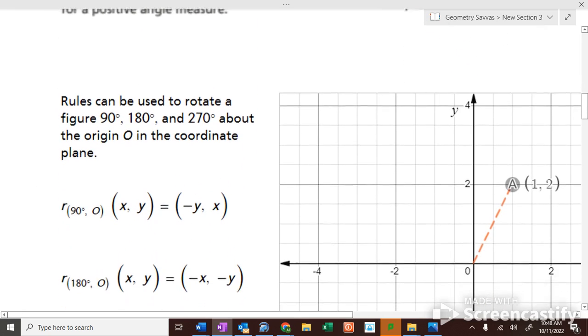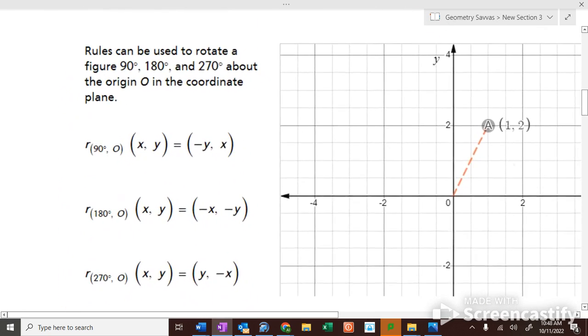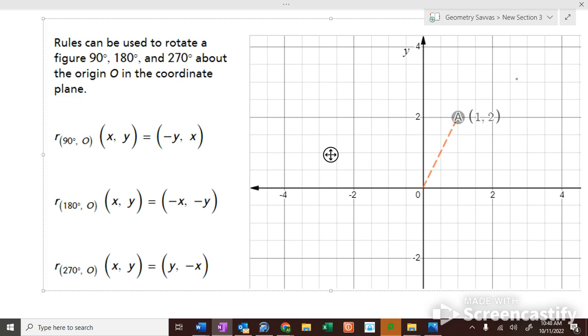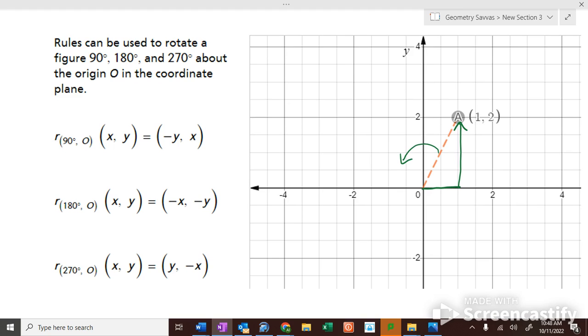So let's just look at moving a point. Okay, so we have the point 1, 2. From the origin, we go over 1, up 2, because each of these squares is a half. If we rotate it 90 degrees, we're rotating it counterclockwise 90 degrees.